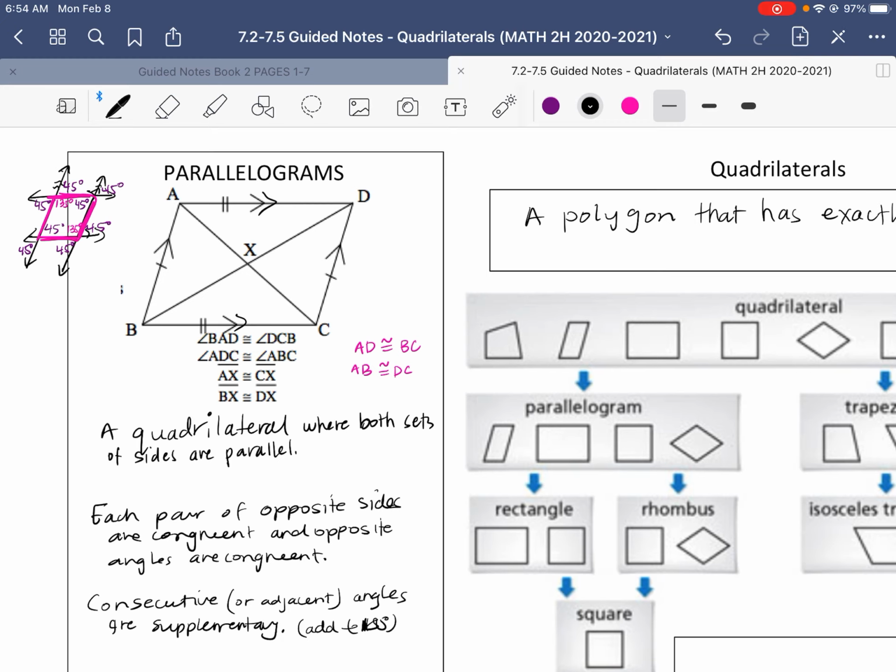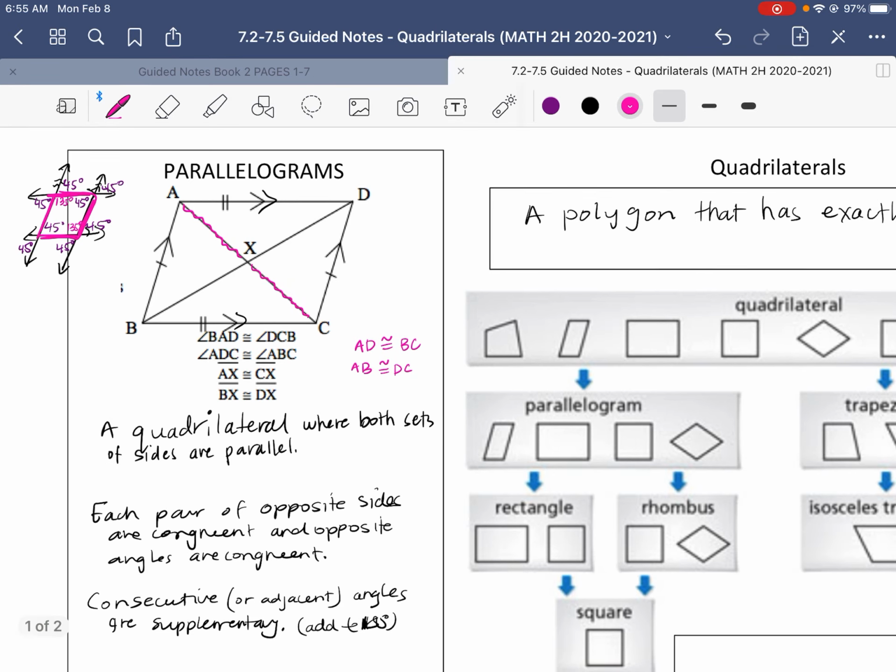And then the last one, these two statements right here: AX is equal to CX. You'll notice that these diagonals are not equivalent to each other, but they do bisect each other, meaning they cut each other in half. So this length right here is equivalent, or congruent, to this length right here.